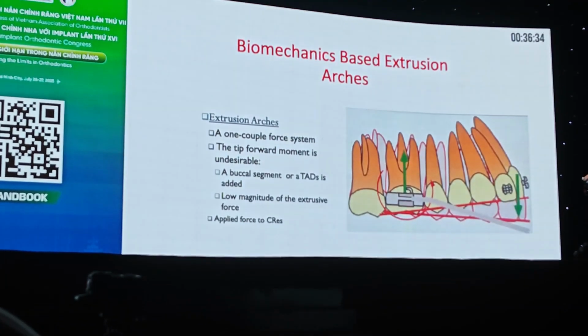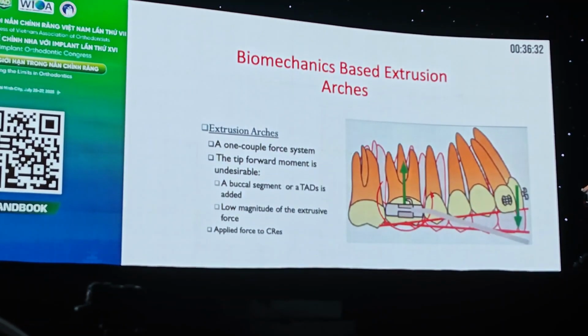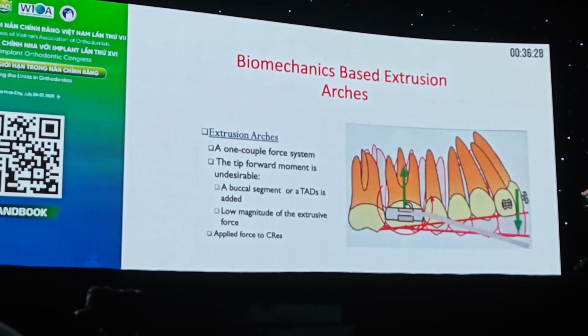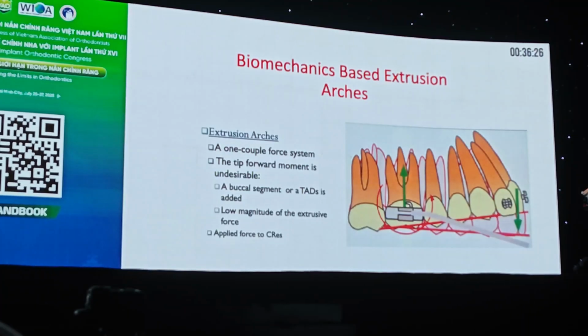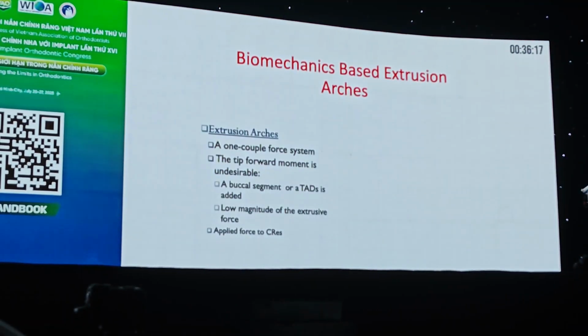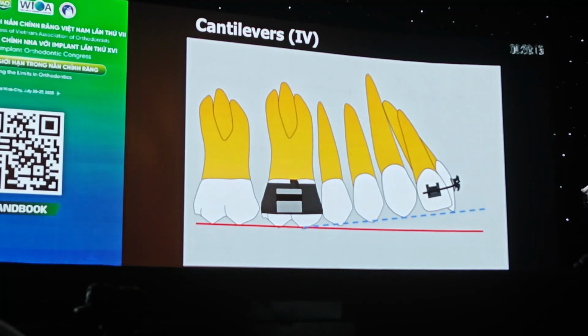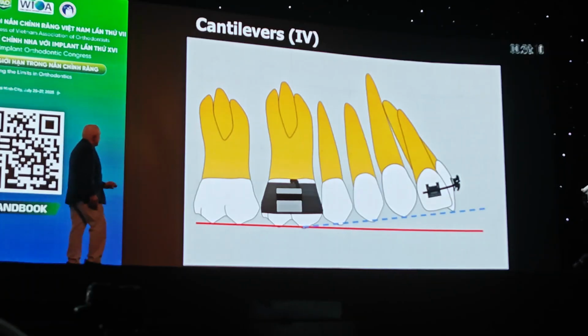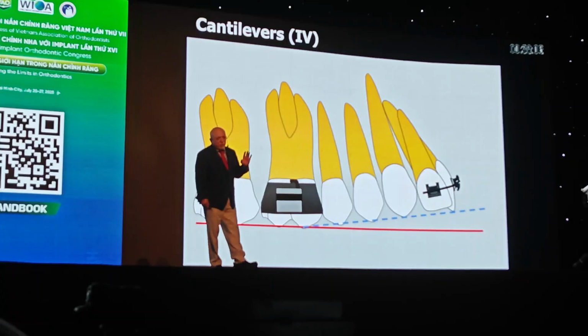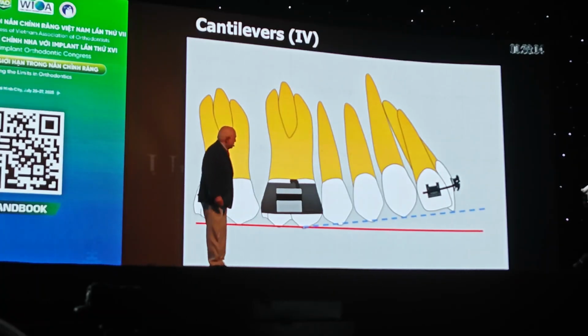In some treatment plans, I need a lot more intrusion, less extrusion. In some, I want to keep the molar where it is, and I want to extrude the teeth because I want the patient to show upper incisor while smiling. So different clinical situations. For example, if you look at 4 different scenarios of biomechanics, you have first what we call class 4 geometry, and that is extrusion arches.